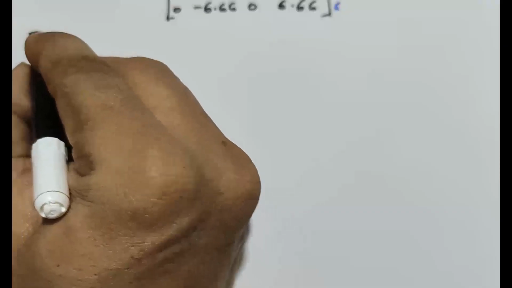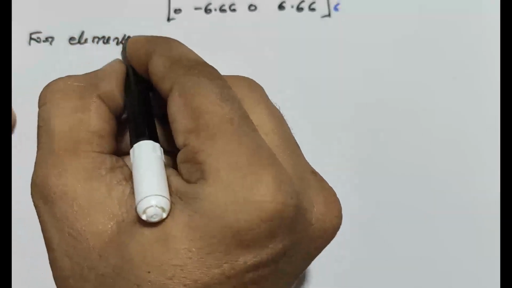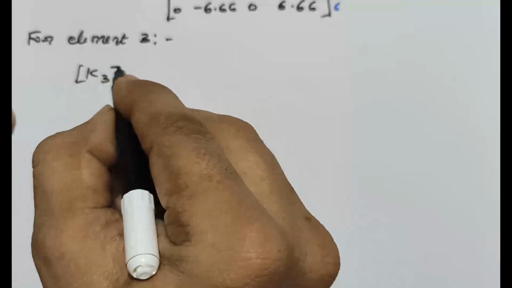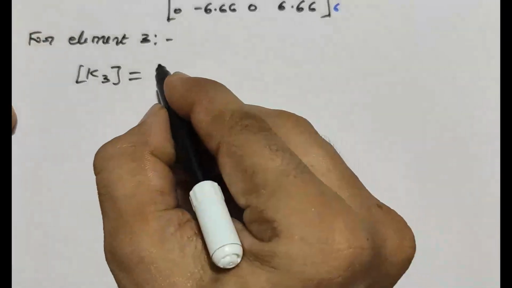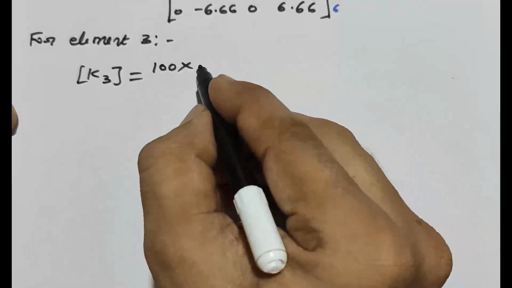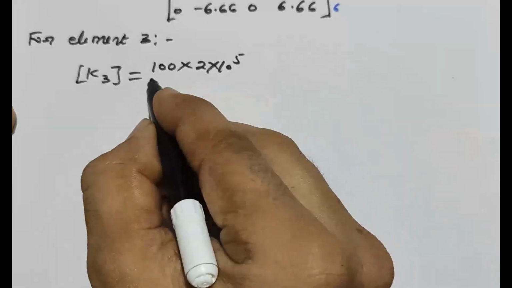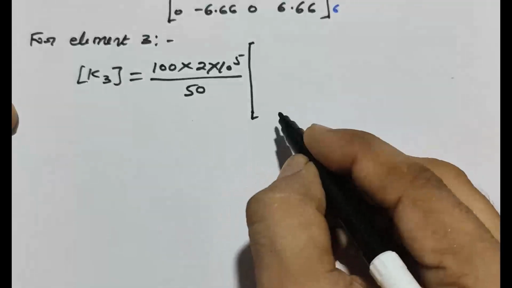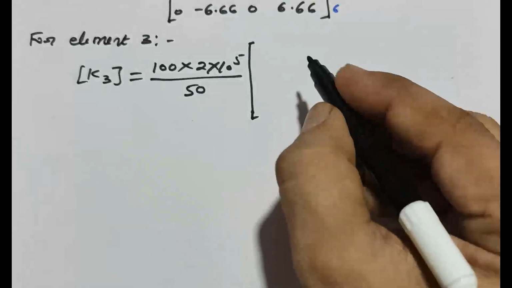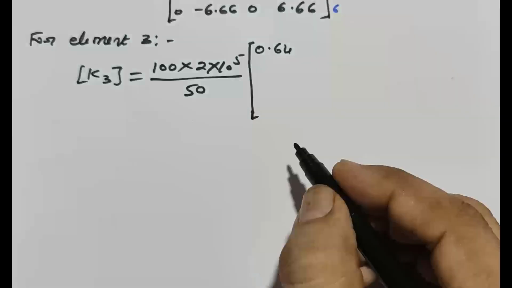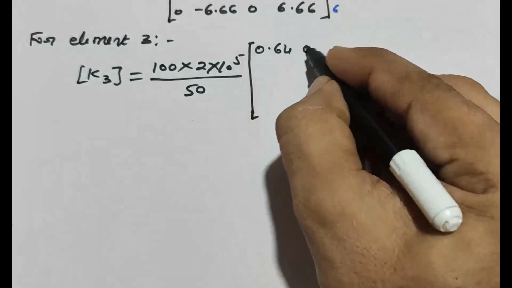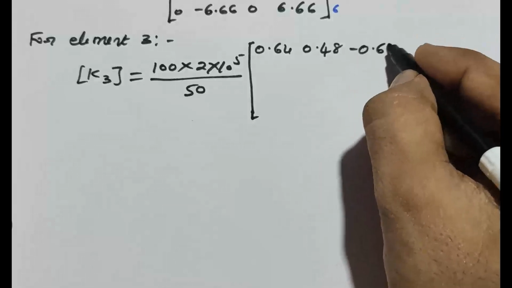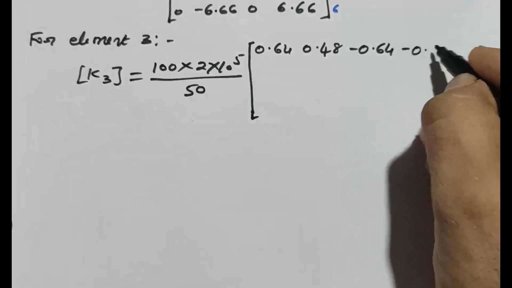Next, for element 3, K3 is A3, which is 100, into E3, 2 into 10 power 5, L is 50. L square is 0.64. LM is 0.48. Minus L square is minus 0.64, minus LM is minus 0.48.